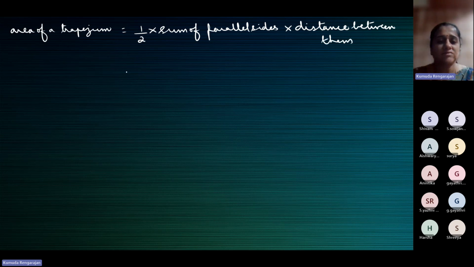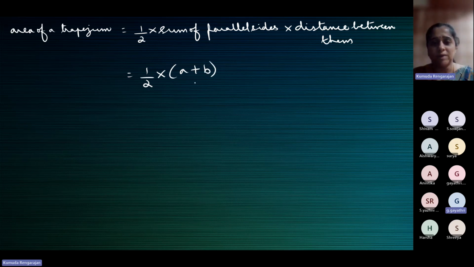So symbolically, it is written like this. In words, half into sum of the parallel sides into distance between them. Symbolically, the parallel sides are called A and B, so it is half into A plus B into H square units.